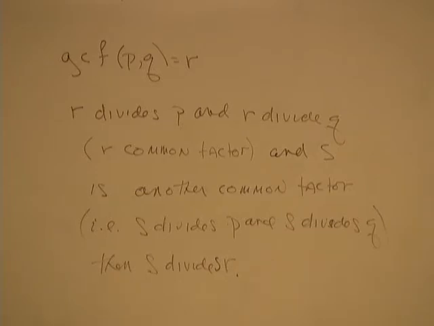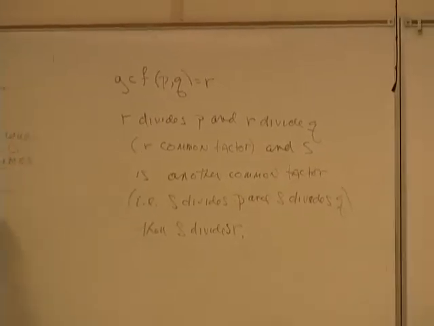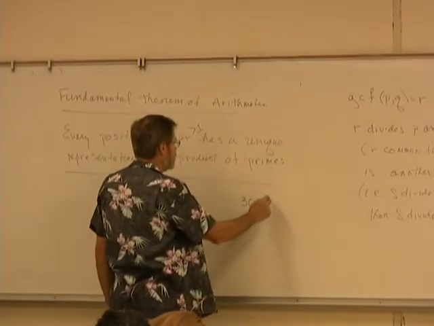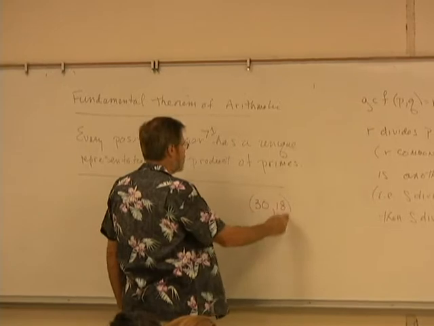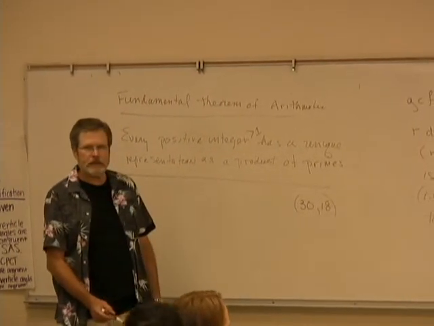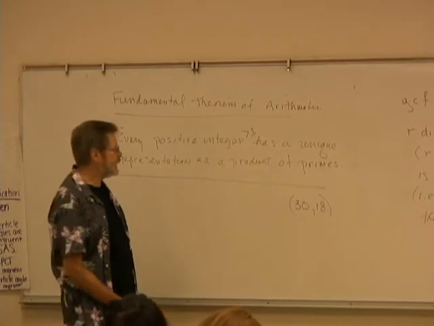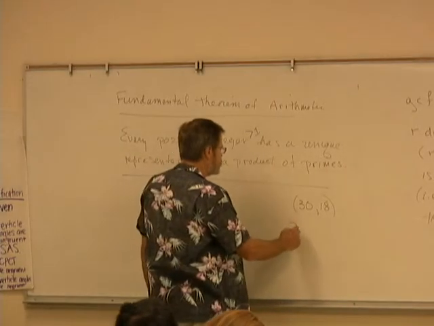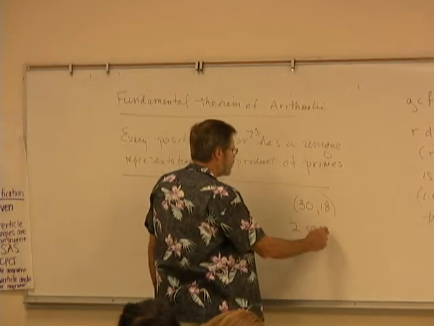So for example, if we look at 30 and 18, a number which divides 30 and divides 18, one choice is 2. 2 is a common factor.